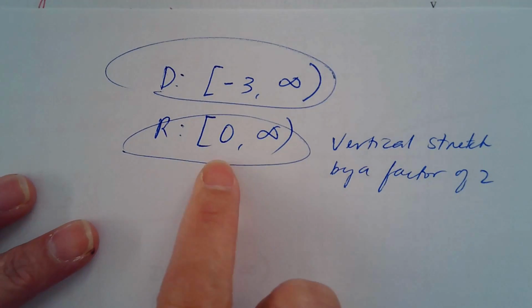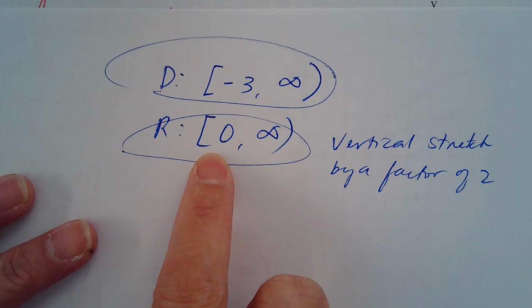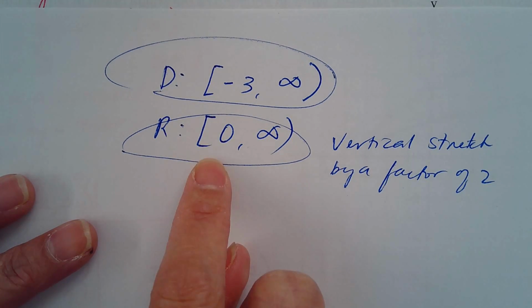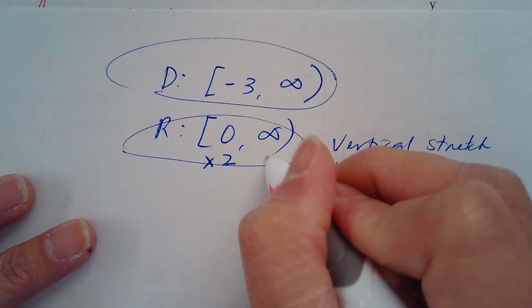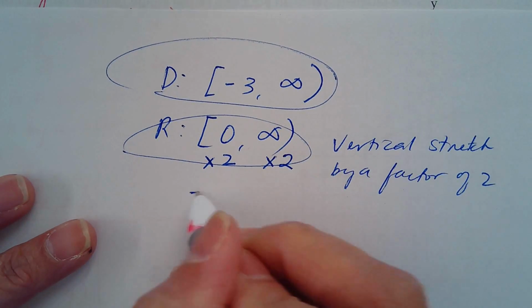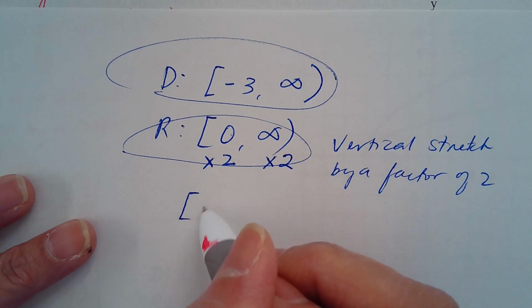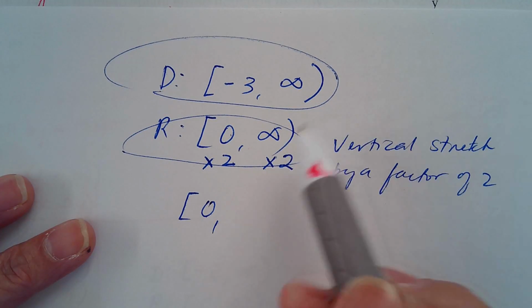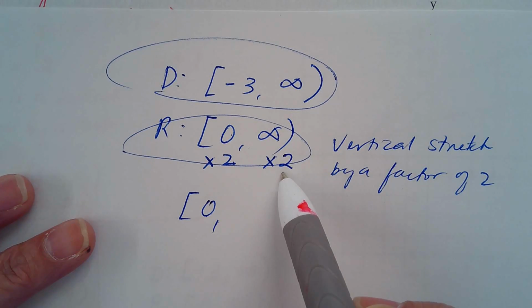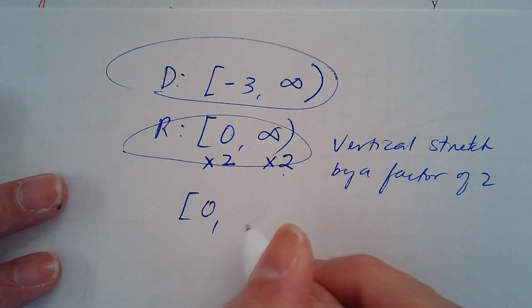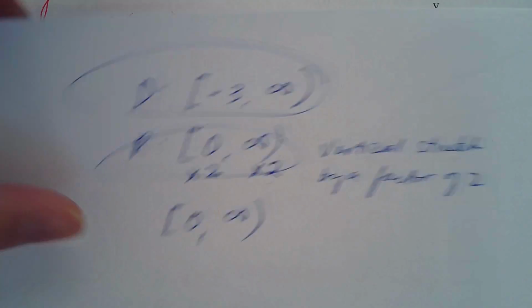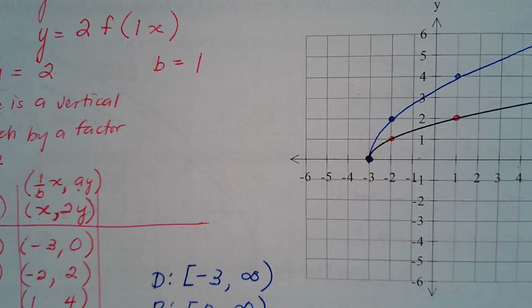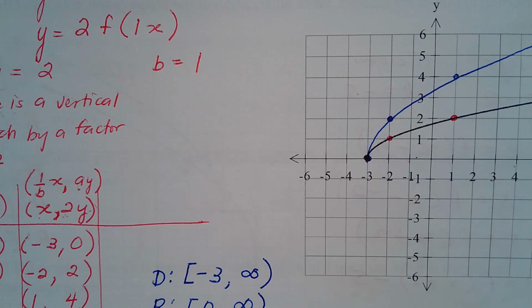So whatever the values are, they're being multiplied by 2. If I multiply 0 by 2, it's still 0, and if I multiply infinity by 2, it's still infinity. So 0 to infinity still. So far so good? Is that okay?